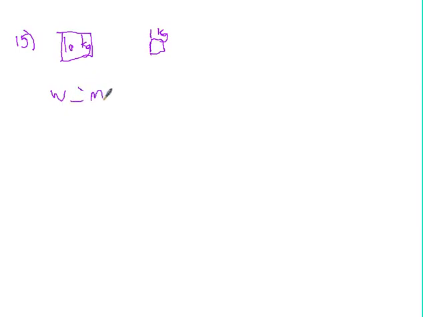Mass times gravity. Well, gravity is the same for both of these, right? So the only thing that weight depends on is gravity, but since it's the same, we can count that out in our comparison. So this has 10 times the mass, so it has 10 times the weight too.